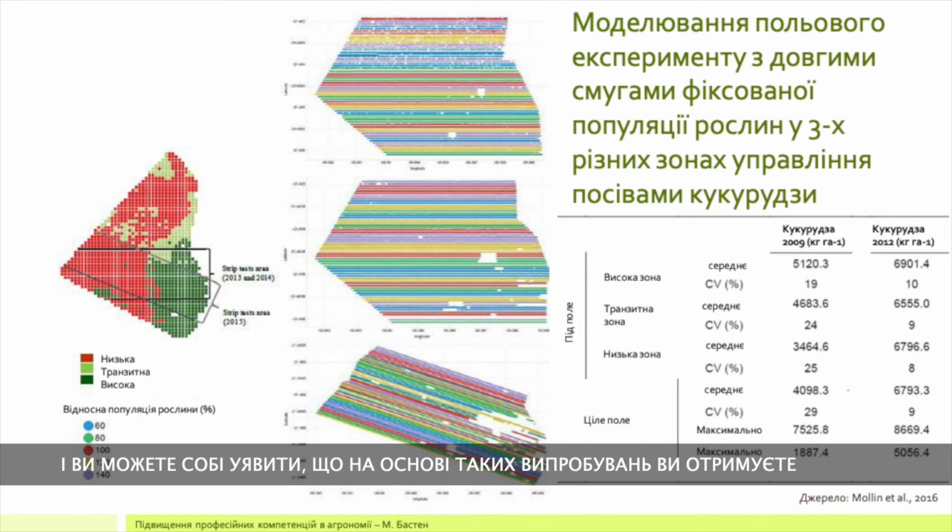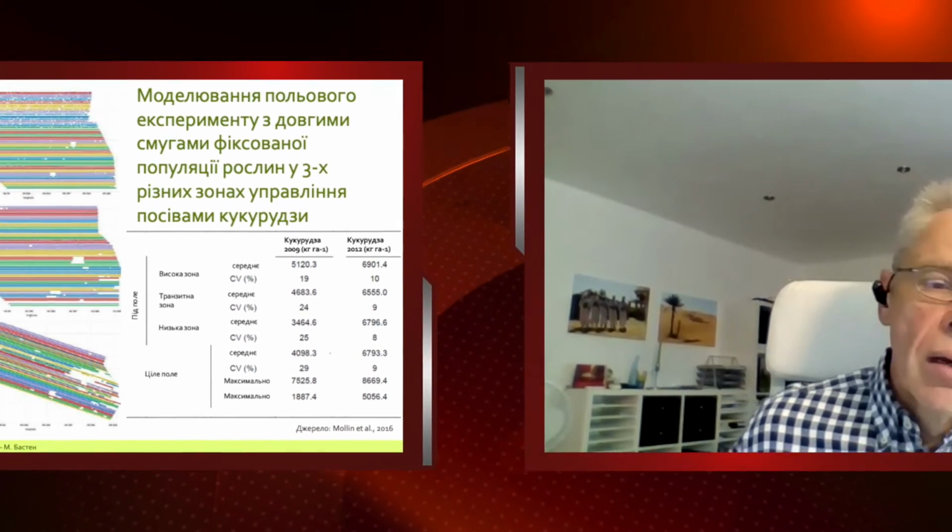And you can imagine, based on these kind of trials, you get a huge number of data points on the 3 different management zones. And these data points give you, of course, the kind of yield response curve from these different management zones to different seed rates. And this is illustrated in the next slide.